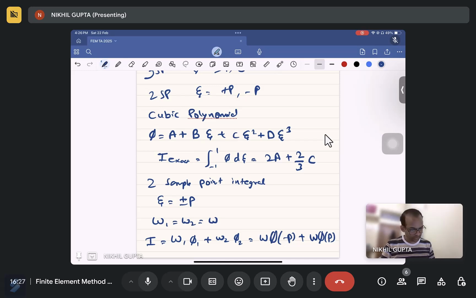But my question was slightly different. This I got, how we are integrating it, this is all clear. But how will I get this value of plus minus p and this value of w? Okay, now you will compare this exact solution with this.